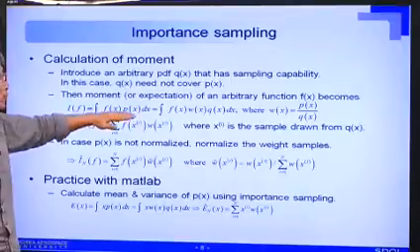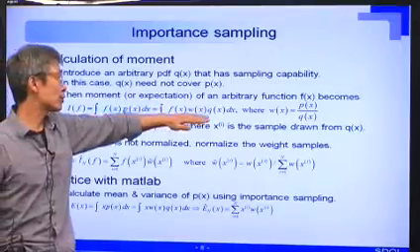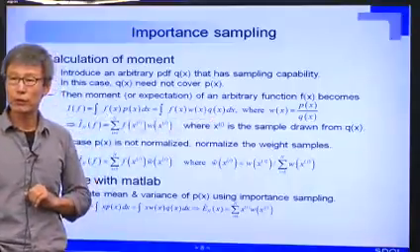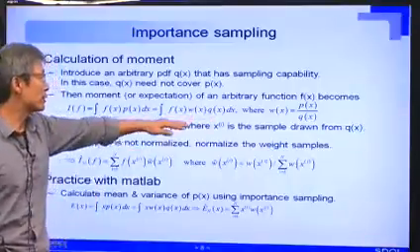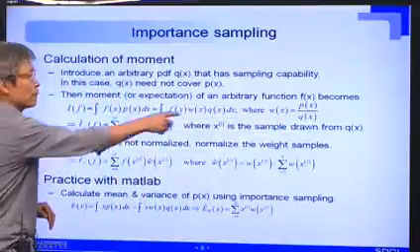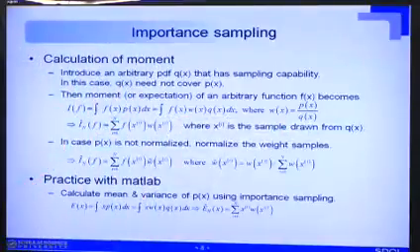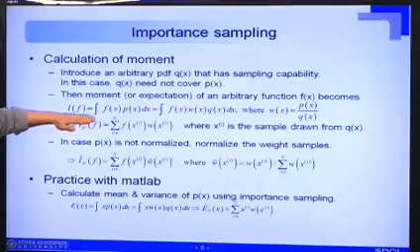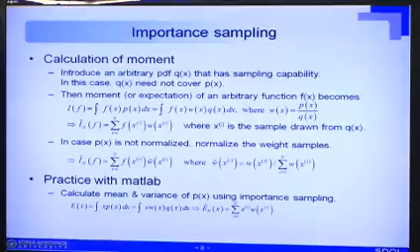And we transform p into w times q. And obviously, w is p divided by q. And we get the same thing. And in order to calculate this value, we do this in a discrete way. So the discrete version of this will be this one.